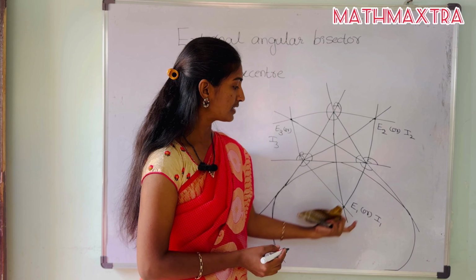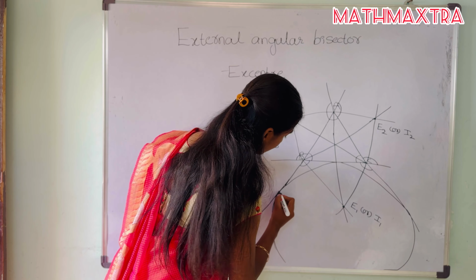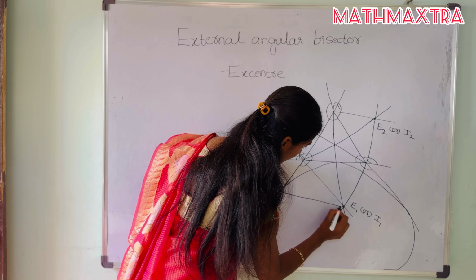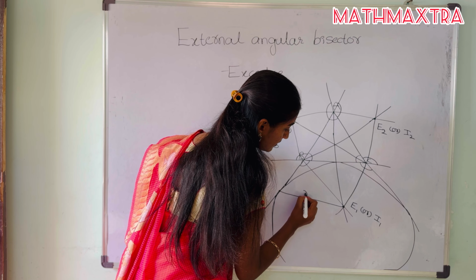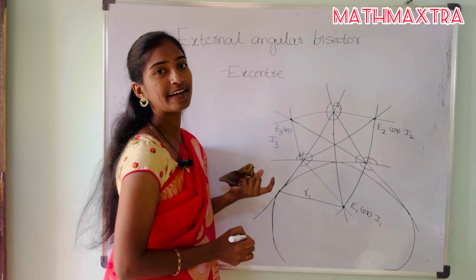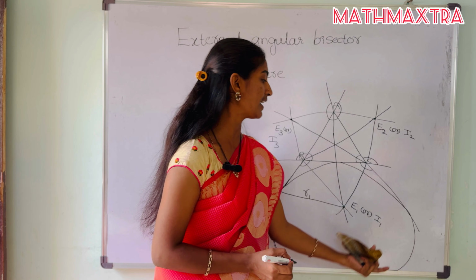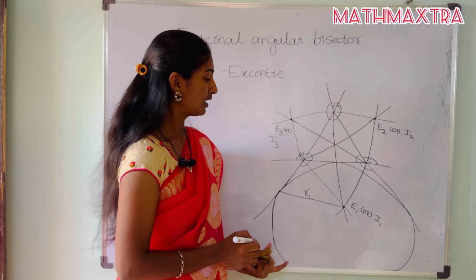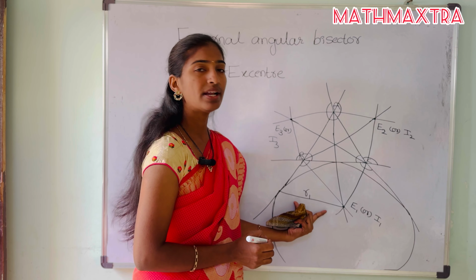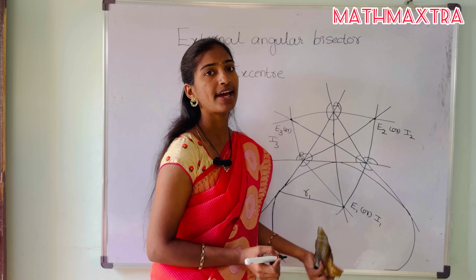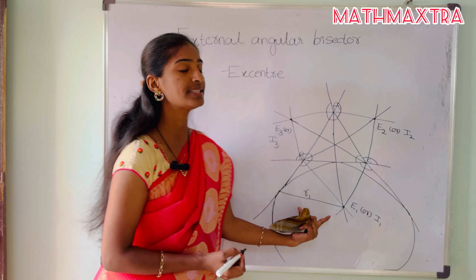Okay. So an excircle is formed, and the distance from this side to the excentre is nothing but the exradius. Okay. This radius is called the exradius and we have a formula to calculate this exradius.